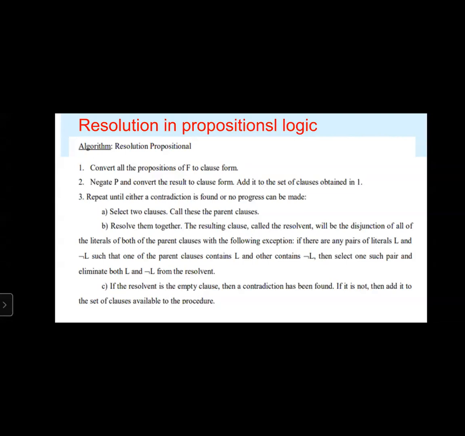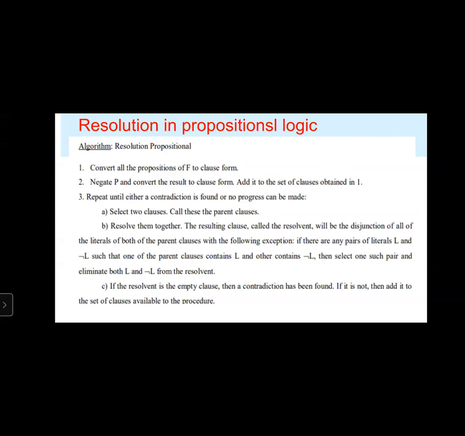Select two clauses, call these the parent clauses, and resolve them together. The resulting clause, called the resolvent, will be the disjunction of all of the letters of both of the parent clauses with the following exception.